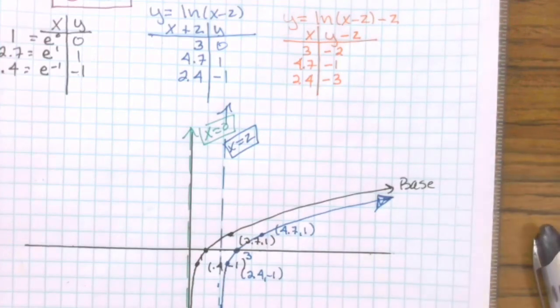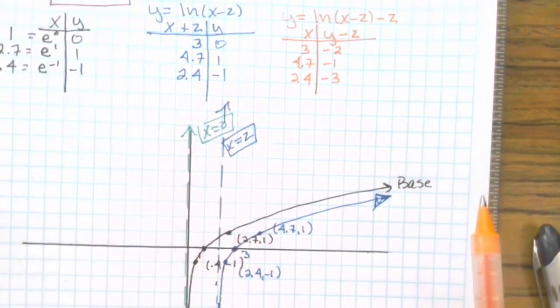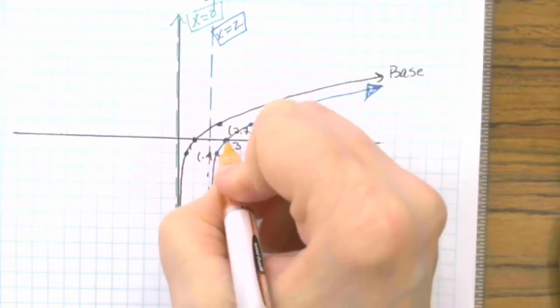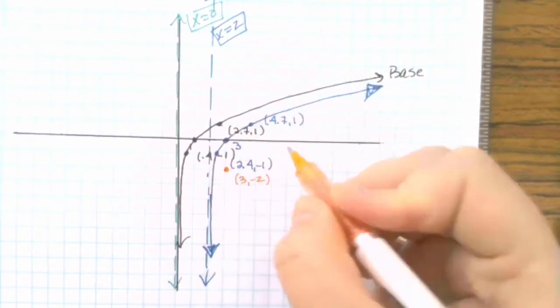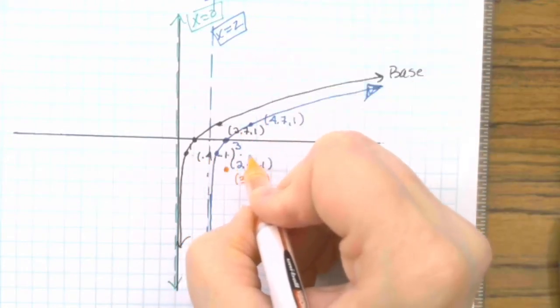Now our third one is supposed to be a translation 2 down. Now 2 down will not affect this asymptote because the graph just slides down it. Let's plot and see. 1, 2, 3 down 2. 4.7, 1, 2, 3, 4.7 down 1.